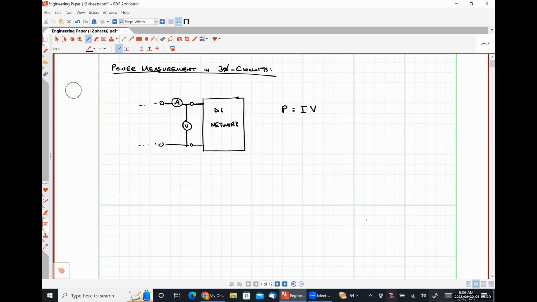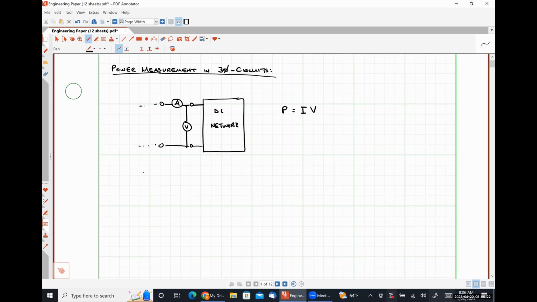So if I have the magnitude of some RMS voltage and the magnitude of some RMS current, because that's what my multimeter can measure, when I multiply those two numbers together, what do I get?